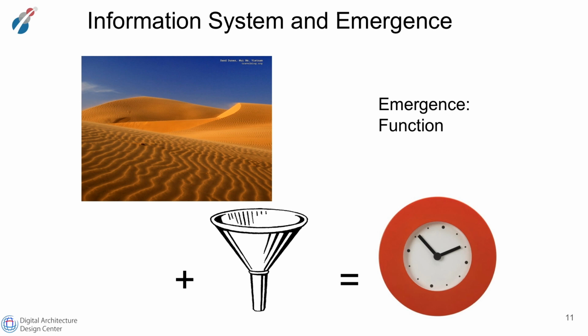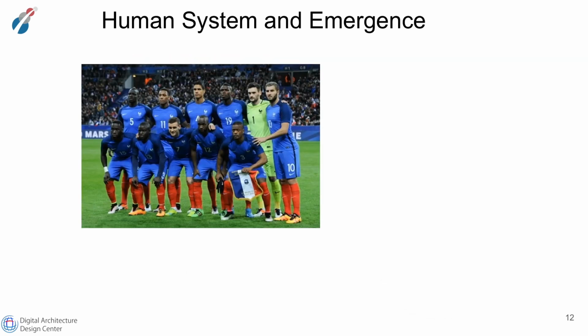So if you looked at the sand separately and the funnel separately, it's not easy to predict that when you put them together, you can actually use the sand going through the funnel at a very specific rate as a way to measure the passage of time. That's emergence.